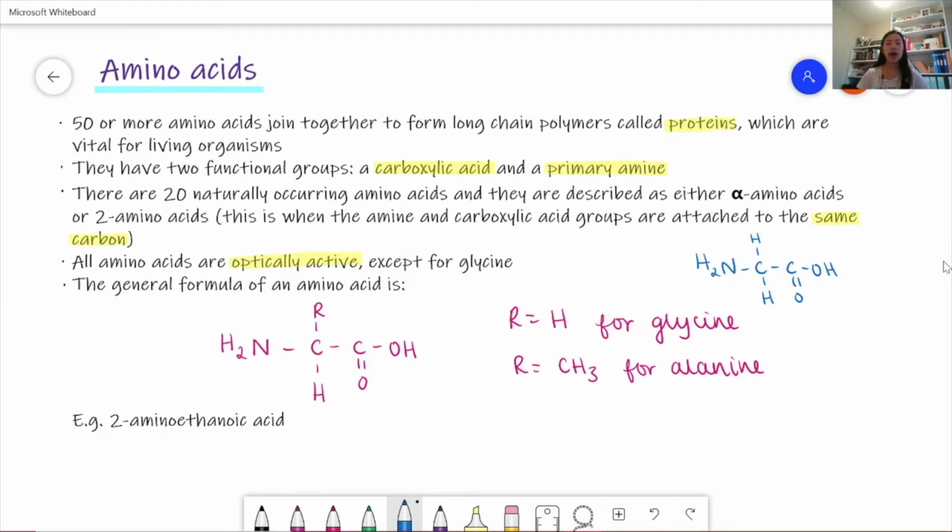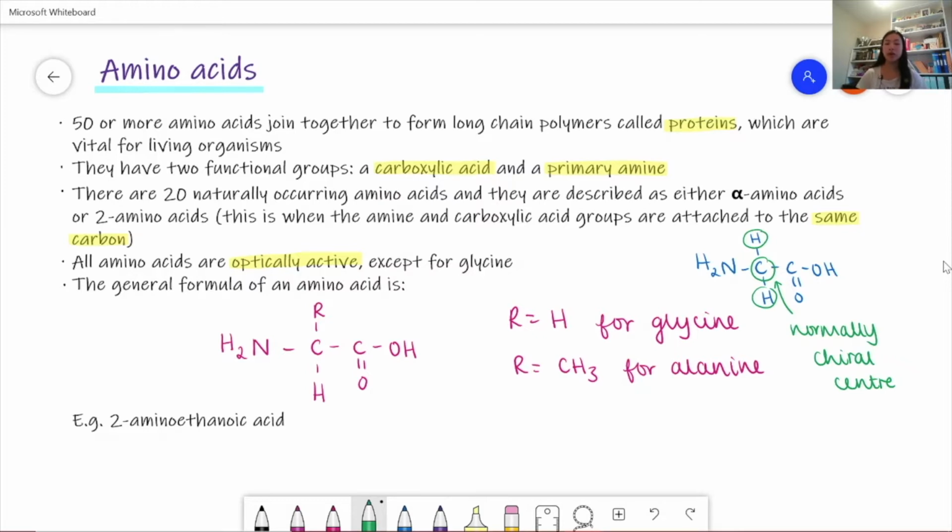This carbon here, which is normally the chiral center if we were looking at other amino acids, is not a chiral center here because we have 2 hydrogens, so we have 2 of the same group on this carbon, and so we don't have 4 different substituents, and so we don't get optical isomerism.